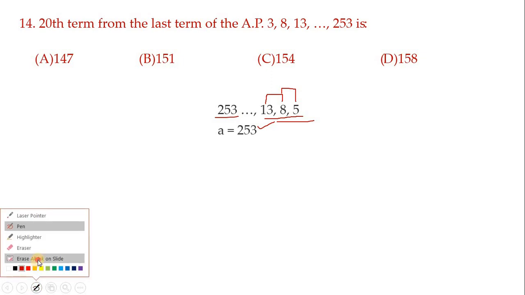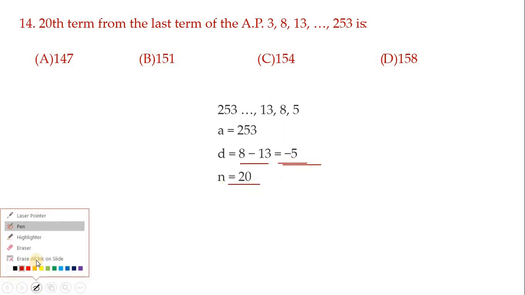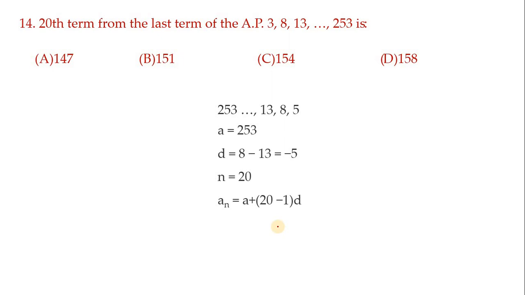However you do it, it doesn't matter. So 8 minus 13 we'll get minus 5, and n value is 20. Now let us use the nth term formula. Substitute the values here. A value is 253, and 20 minus 1 is 19, and D value is minus 5.